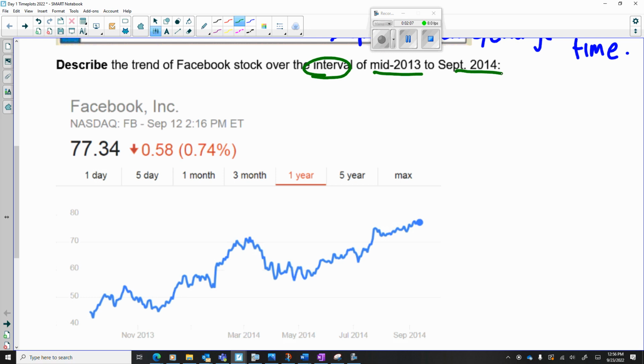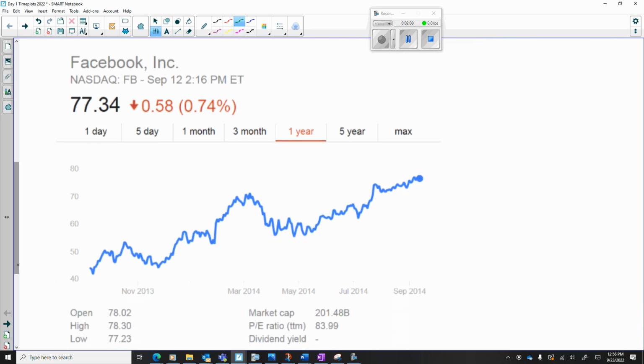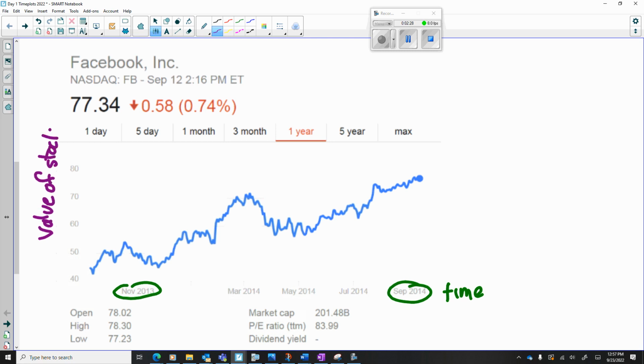So if we look at our x-axis here, we see that it has the time. The y-axis is whatever we're measuring. So it looks like we're measuring the value of the stock, which is numeric. And notice we're seeing some changes over time.